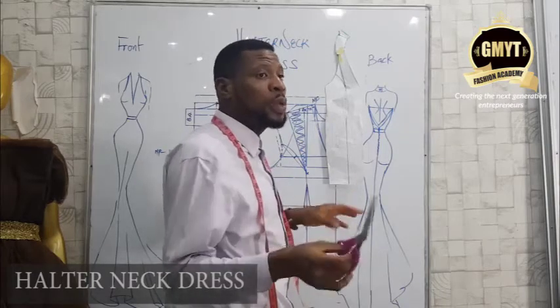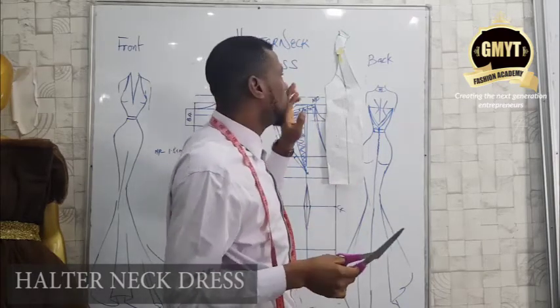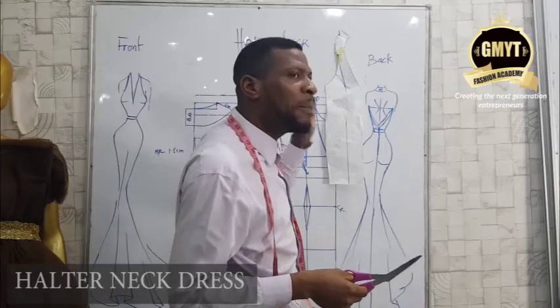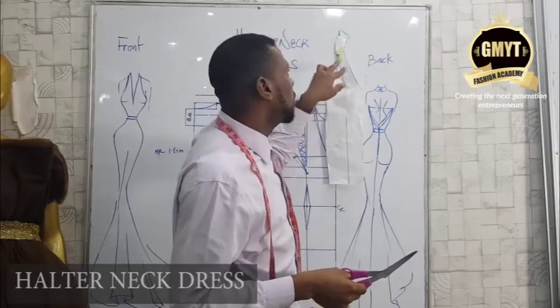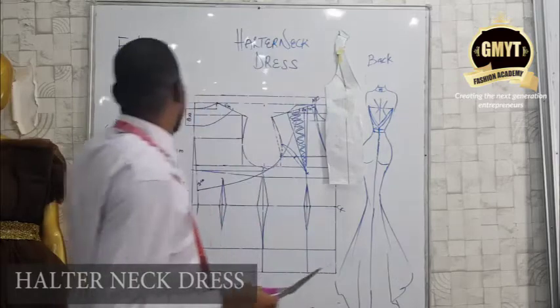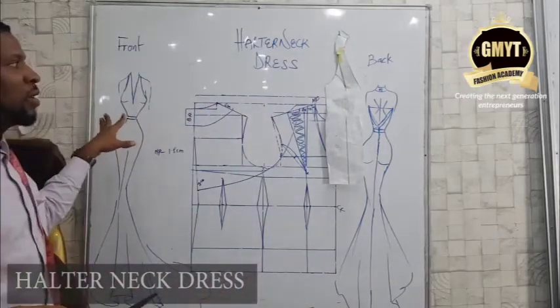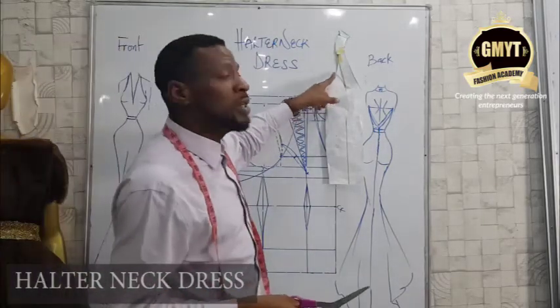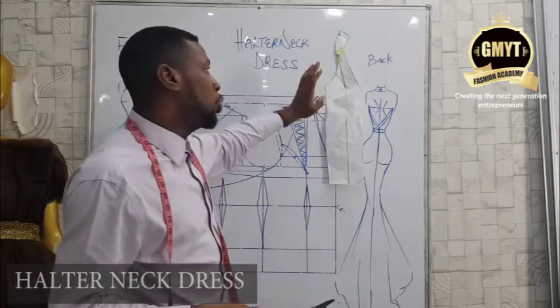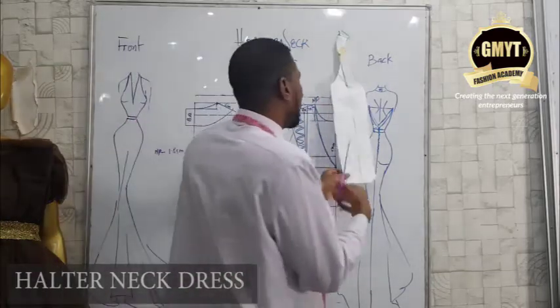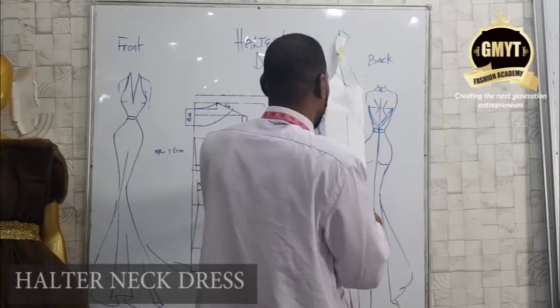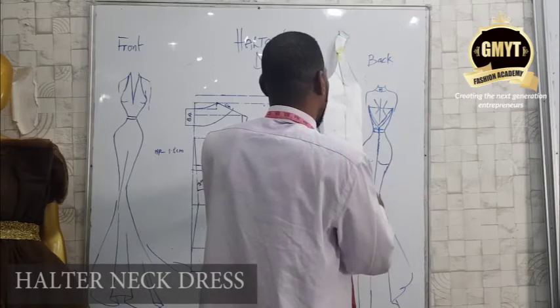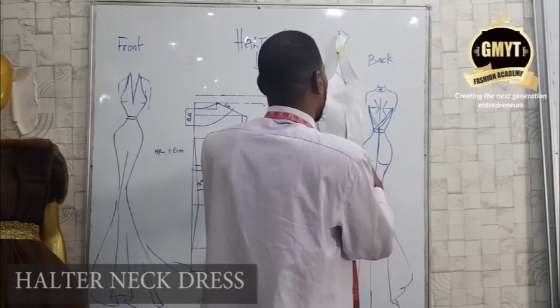And if you don't want to work with empire dart, but don't forget that the one we are doing is empire dart line halter dress. But the one on this diagram is not showing anything like that. So I'm expecting that you should do empire dart on yours. I think I should cut that because this pattern is not actually standing. So when you cut it out, it goes this way.